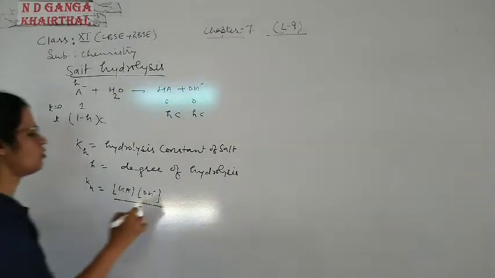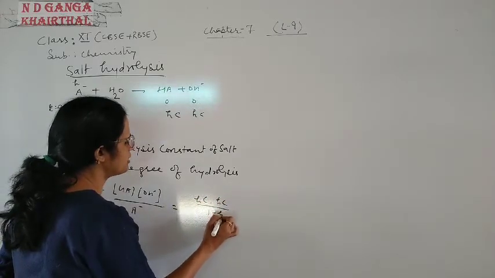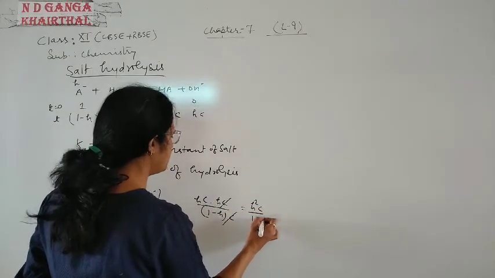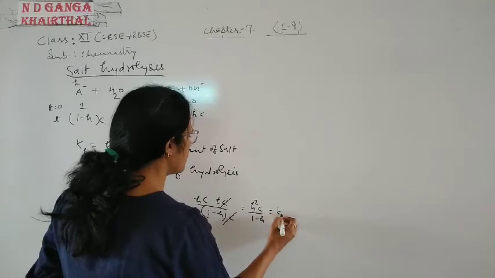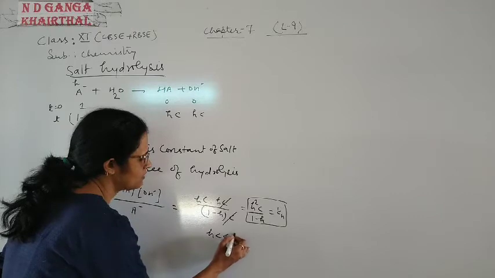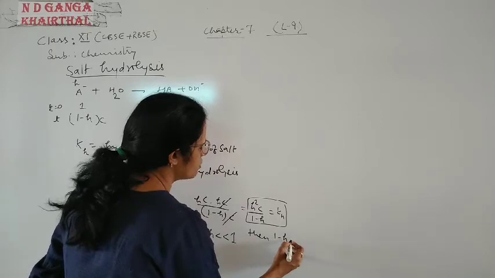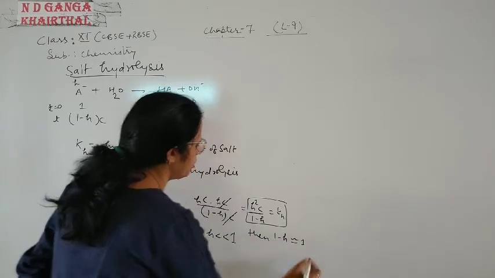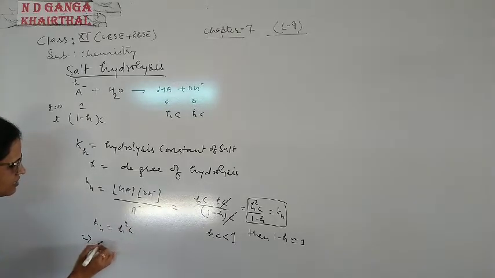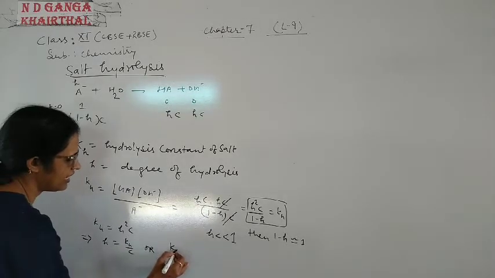So it is hC times hC upon (1 minus h) times C. C cancels with C, then h square C upon 1 minus h equals Kh. If h is very small in comparison to 1, then 1 minus h is nearly equal to 1. In that case, Kh becomes h square C. Hence, h will be the square root of Kh upon C.